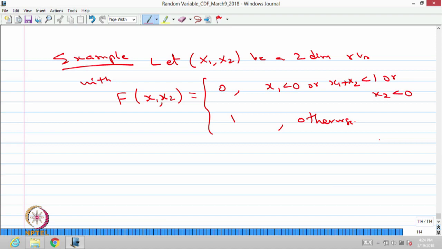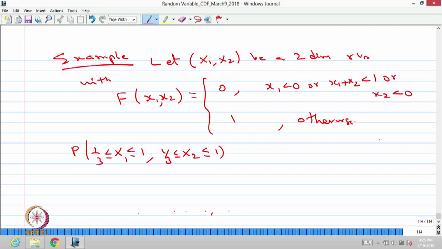For example, take the probability that x1 lies between 1/3 and 1, and x2 lies between 1/3 and 1.